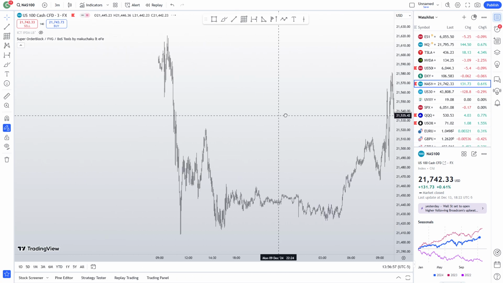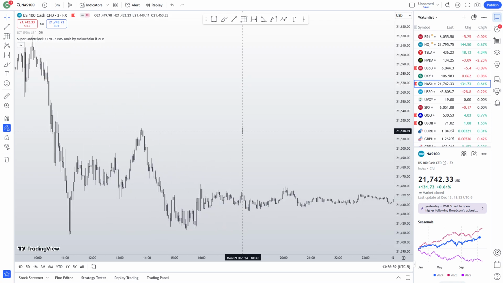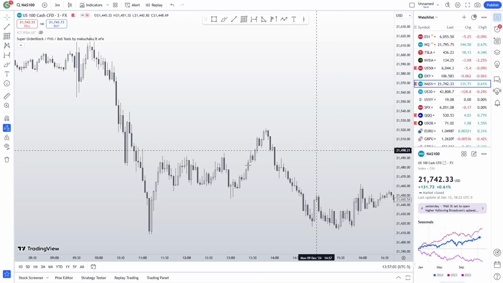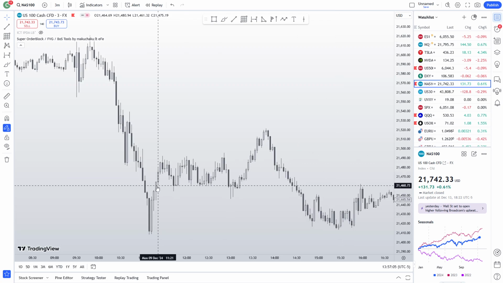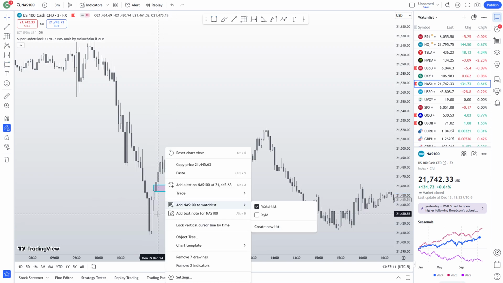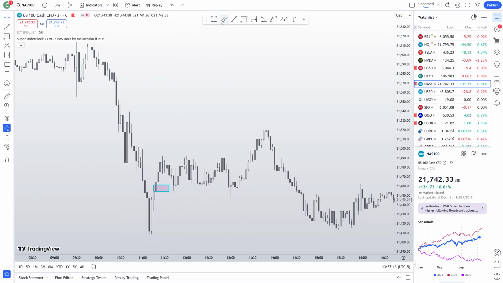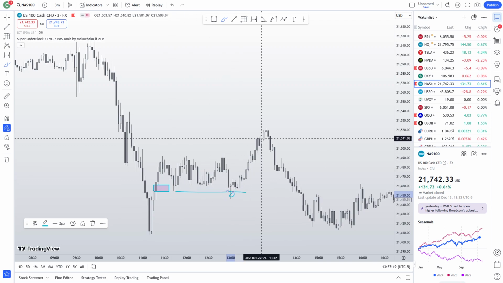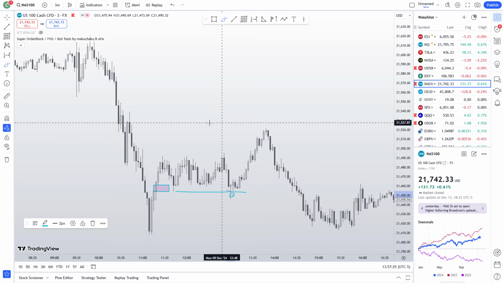So you can even see on this one how this first fair value gap is the only thing that's really there. And there's nothing really else afterwards. Just wick, wick. So you can anticipate reactions out of spots like that. And not even anticipate, but you can be open to them, I should say.